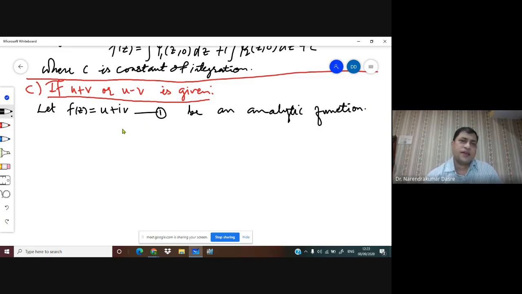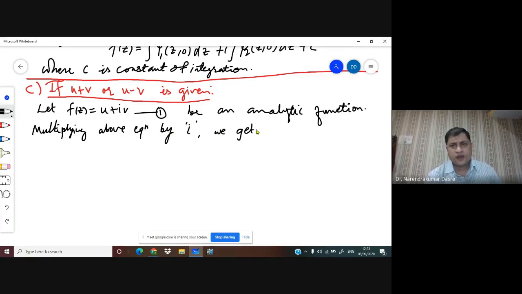Okay, so this is an analytic function. What we can do is multiply the above equation by i. So I get i times f(z) is equal to i times (u plus iv), so it is iu plus i squared v, that is iu minus v.